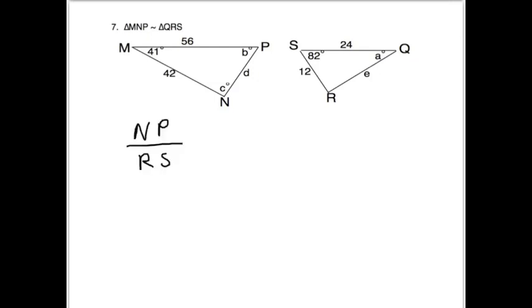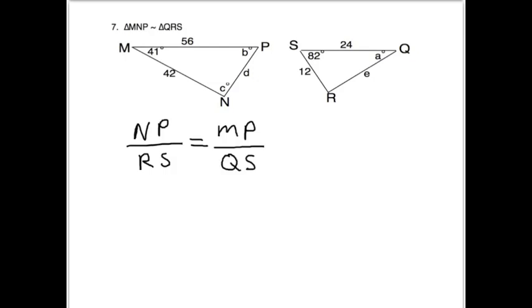And so now we have one ratio. In order to solve with a proportion, we need another ratio. And in particular, we need a known ratio. By known ratio, I mean we need to know something about both pairs of sides in the triangles. So MP is a known side length, and MP corresponds with QS. And QS is also a known side length.